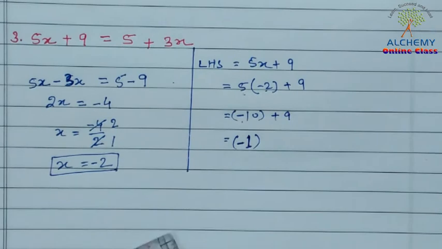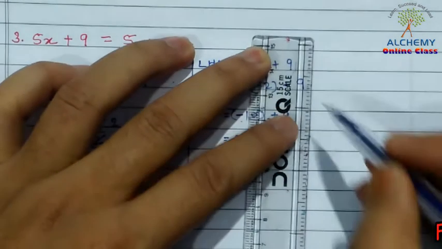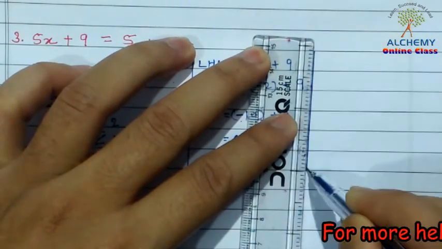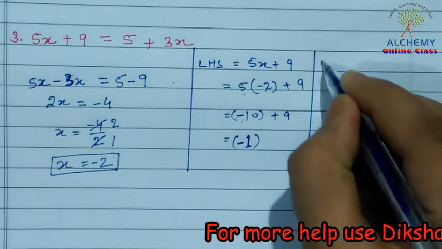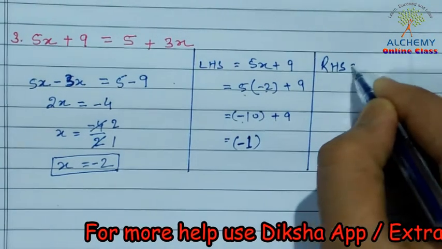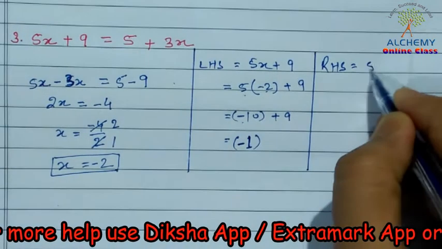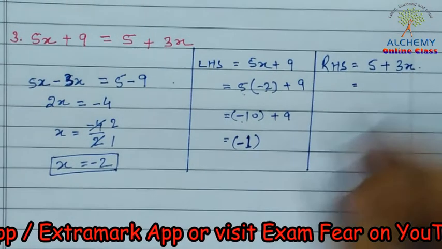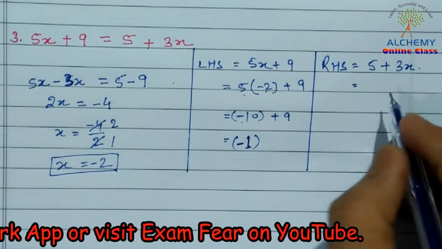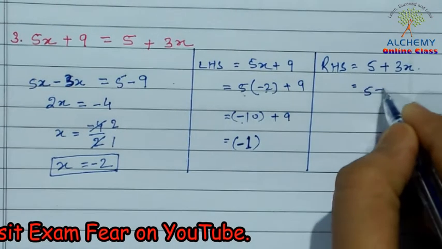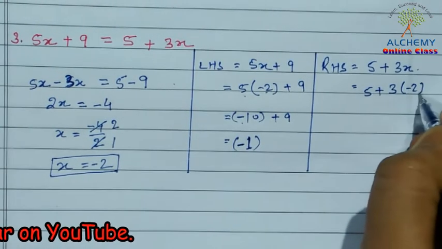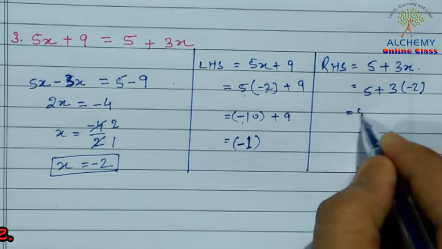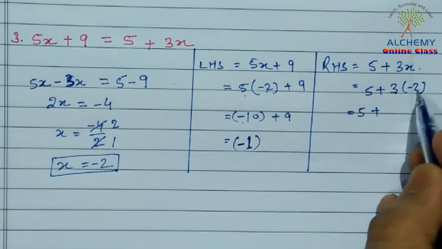Let's see the result for right hand side. Okay, so right hand side is 5 plus 3x. Okay, so value of x is minus 2. 5 plus 3 minus 2. 5 plus 3 twos are 6.